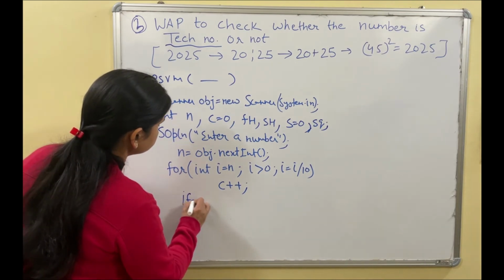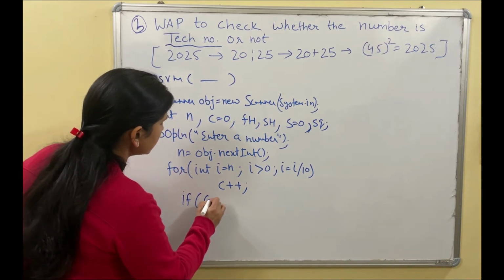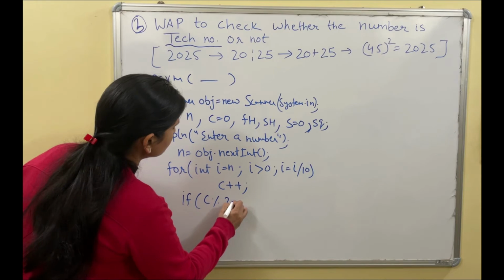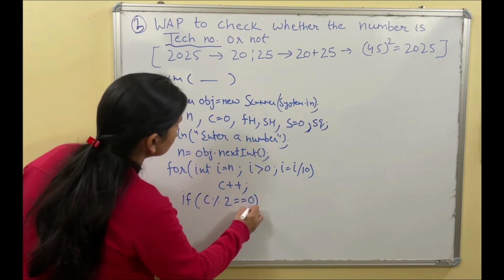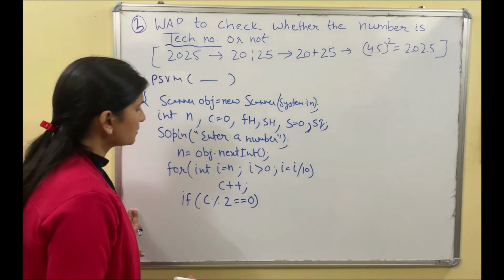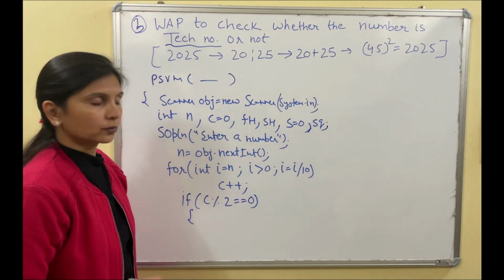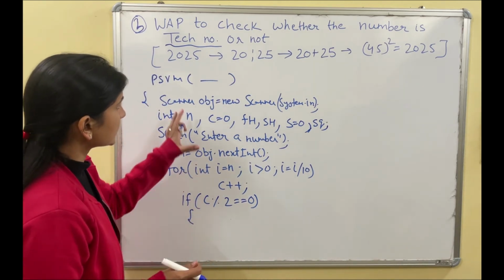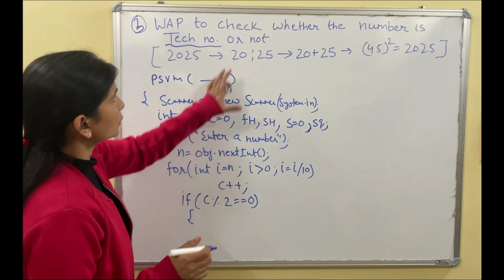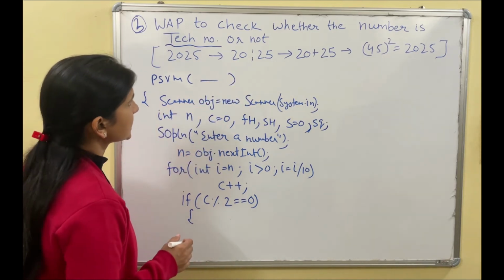If c mod 2 equals 0. If c mod 2 equals 0, then what we have to do, if this is even, then we need to extract the first half and second half.